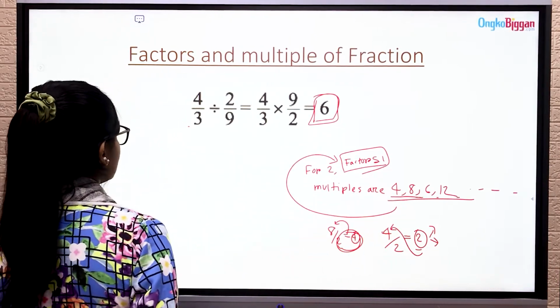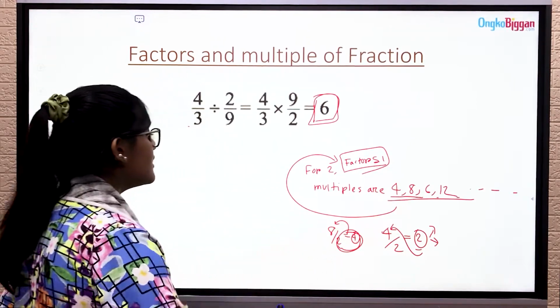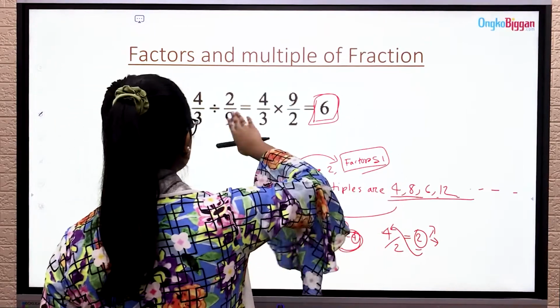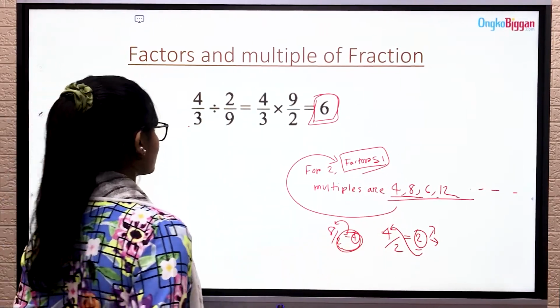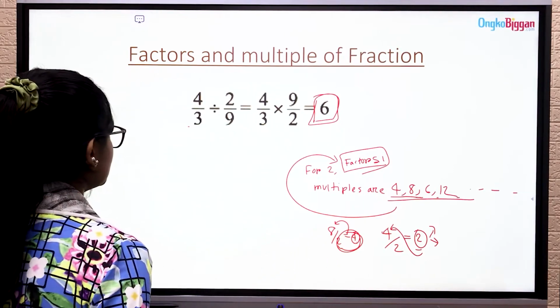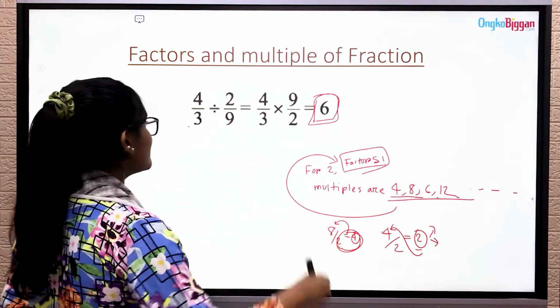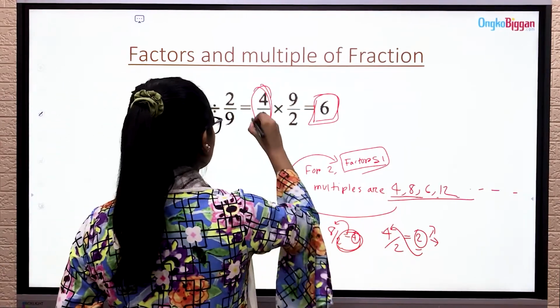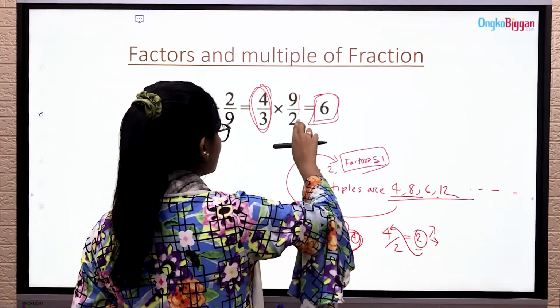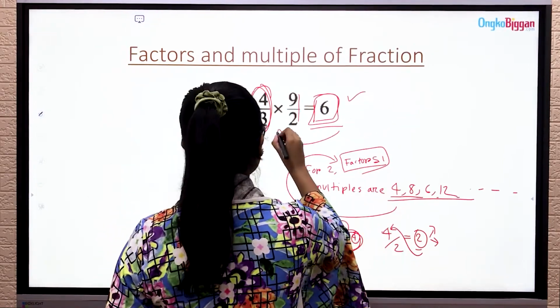It's a very clear and easy concept, like with whole numbers, and in this case we can also apply this. Similarly, by multiplying 4 by 3 into 9 by 2, we are getting 6. That means 6 is a multiple of 4 by 3, because by multiplying with 9 by 2, we are getting 6.